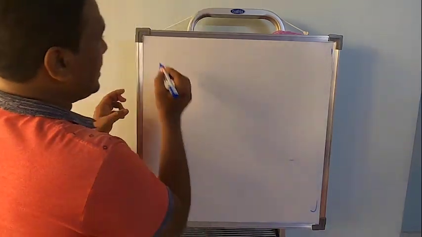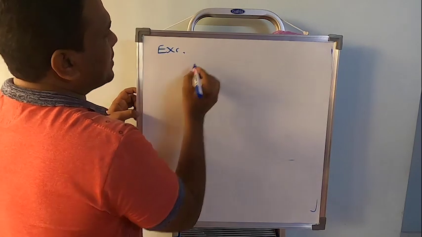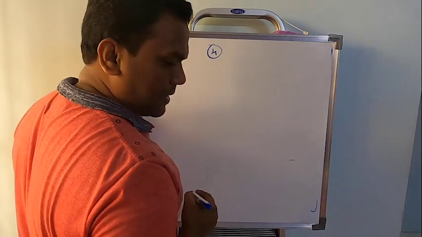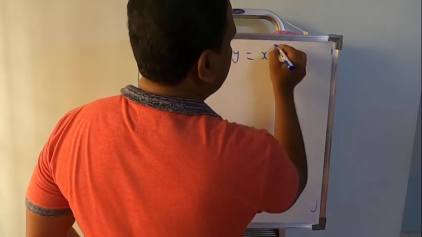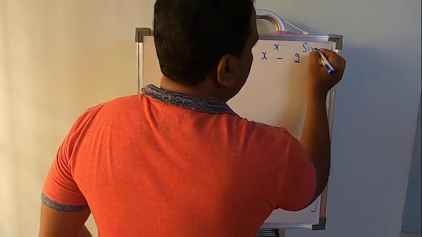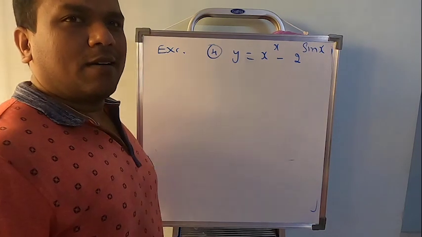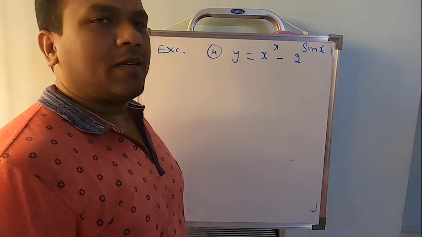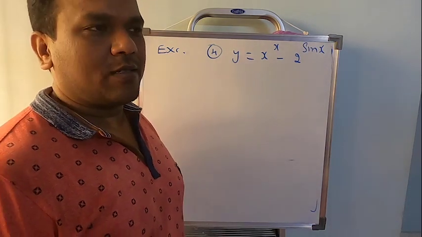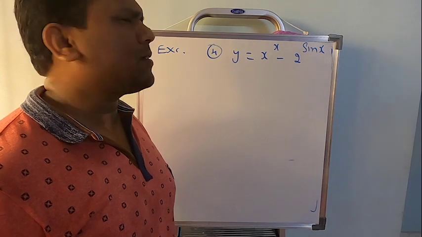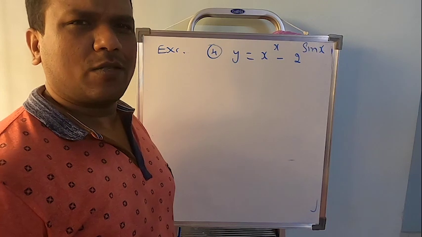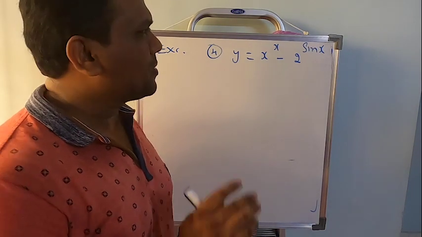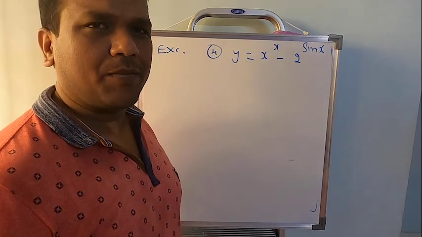But now in exercise problem number 4, they have given it as x to the power x minus 2 to the power sin x. See, such kinds of problems will be given in the examination because there is a chance that most of the students will not be able to understand the procedure, or maybe because of confusion they will do it in a different format.